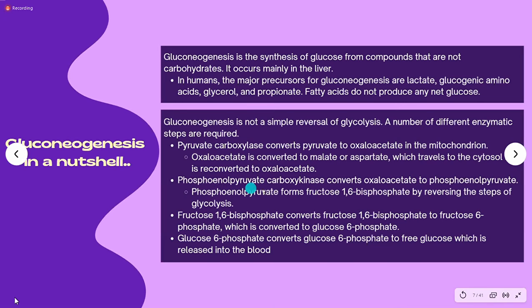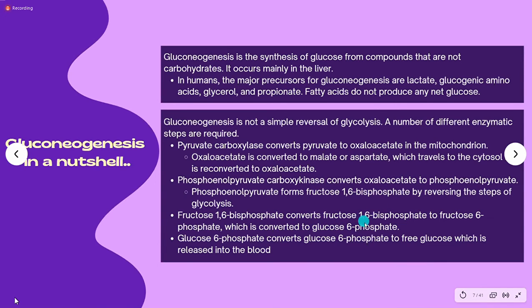Phosphoenol pyruvate carboxykinase converts oxaloacetate to phosphoenol pyruvate. Then phosphoenol pyruvate forms fructose 1,6-biphosphate by reversing the steps of glycolysis until you reach fructose 1,6-biphosphate.